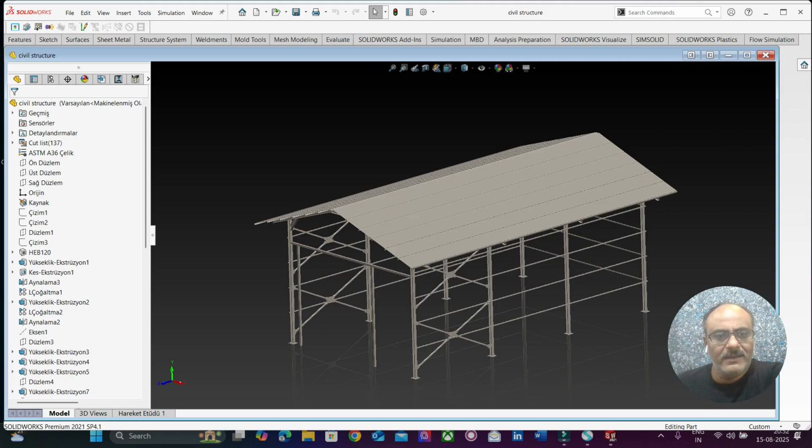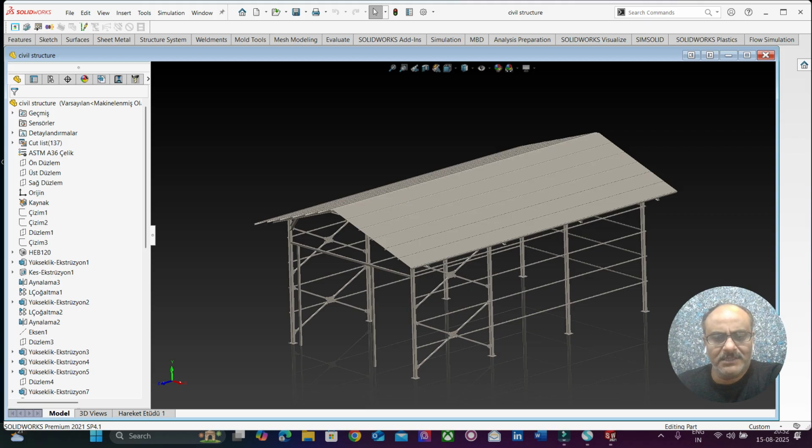So today we are going to see yet another interesting structure, which is a structural simulation, a structural engineering product.